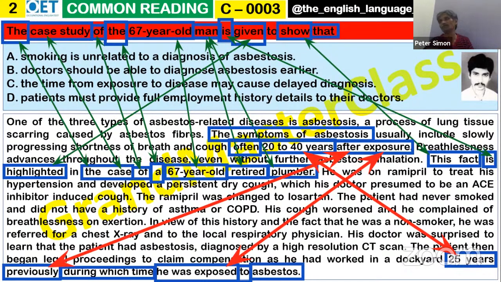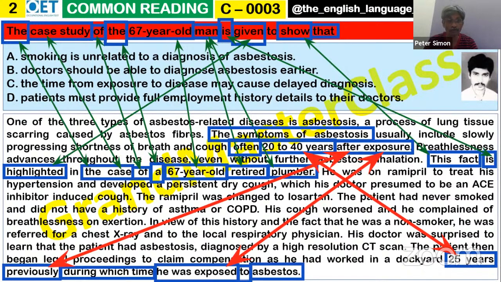But by the time symptoms appear in the manner of shortness of breath and cough, they think, oh, this may be the reason. That is how it is diagnosed. If the signs and symptoms are delayed another 5 years, still, until there are certain symptoms, you cannot diagnose the disease.